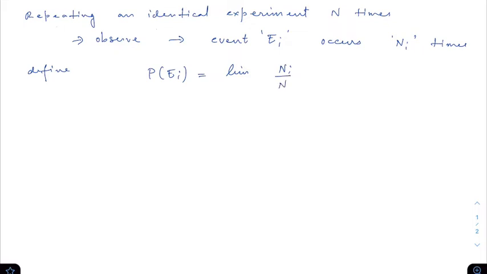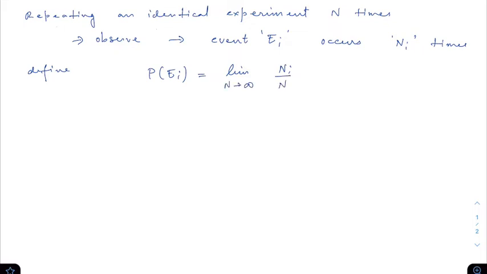Now let's try to get a notion of what we mean by probability. So if we repeat an identical experiment n number of times, and we observe that the event E_i occurs N_i times, then we can define the probability of E_i, which we'll denote as P(E_i), as the limit of N_i over N as capital N tends to infinity.